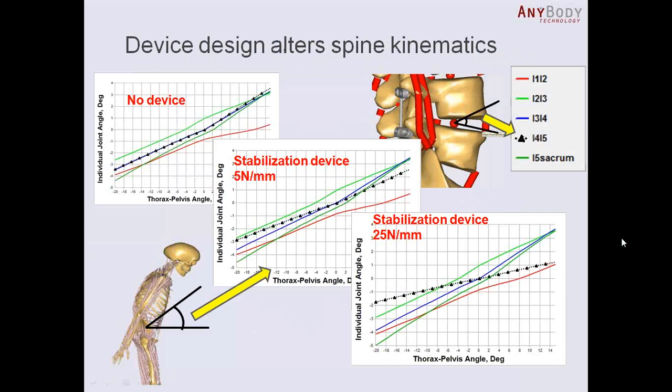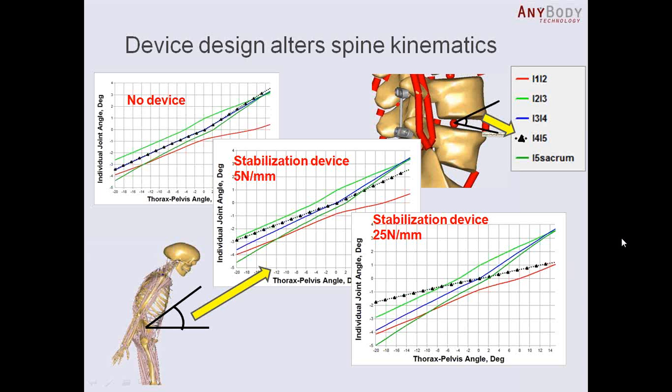An example of how this will be applied in a full lumbar model is illustrated by these results for a simulation of a dynamic stabilization device. This is a flexion extension exercise in this case, in which the angulation of the whole trunk was prescribed. The curves represent flexion of the individual lumbar levels, and the black line represents the L4, L5 level where the device was implanted.